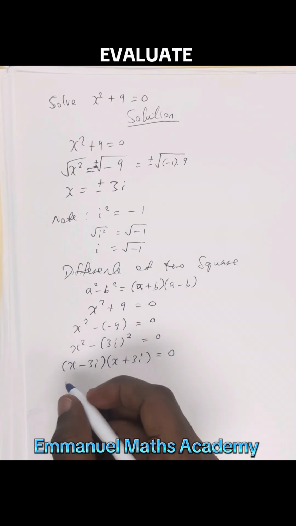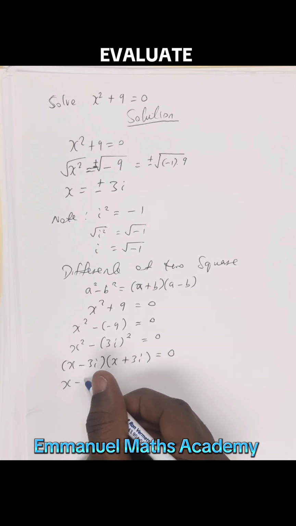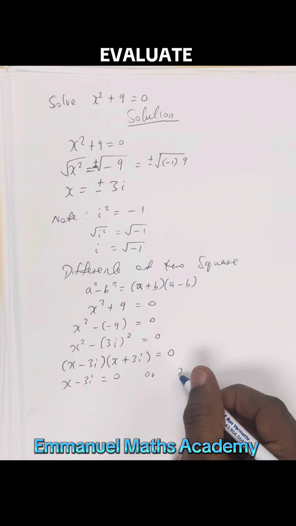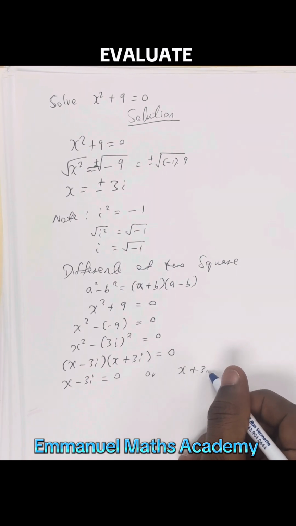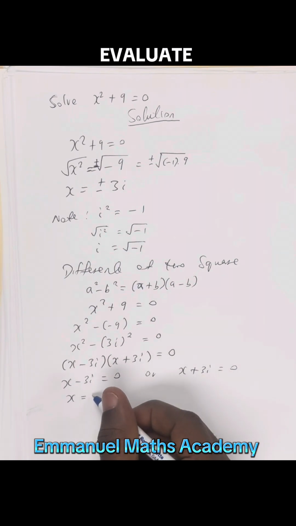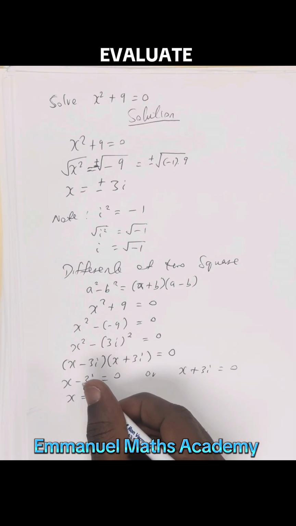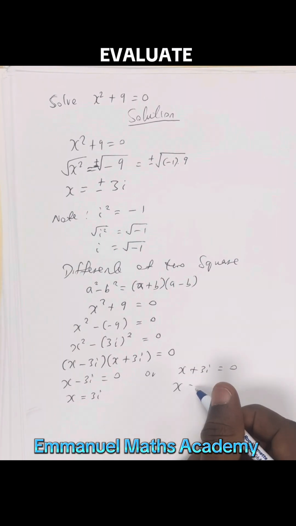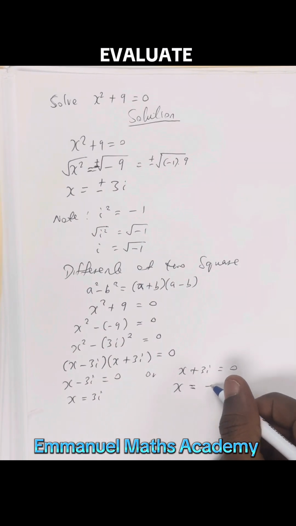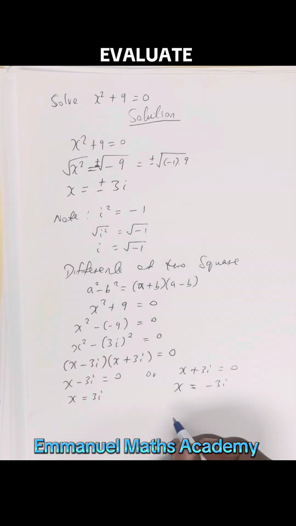Then from here, you separate them. It's either x minus 3i is equal to 0 or x plus 3i is equal to 0. Then from here, you have x equal to 3i when this comes to this side, and also x equal to minus 3i.